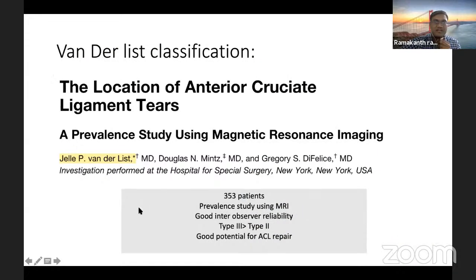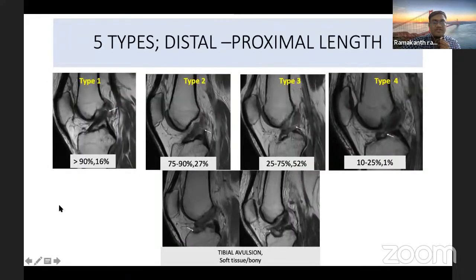Van der List also came up with a classification in 2015. He also has a similar classification based on the MRI findings, where type 1 is 90% distal intact and only 16% proximal. Types 2 and 3 vary according to the percentage of proximal stump left, and type 5 is nothing but bony avulsion.